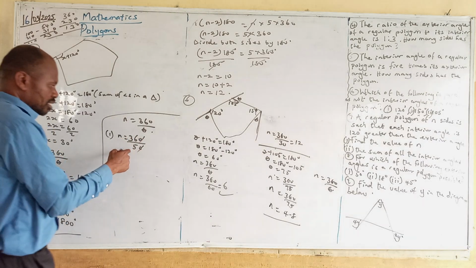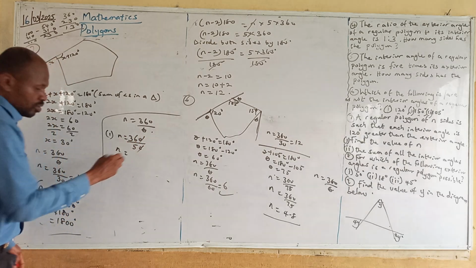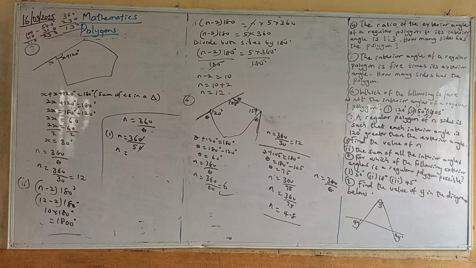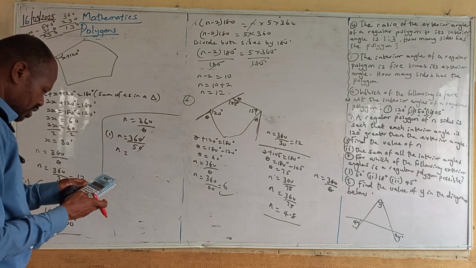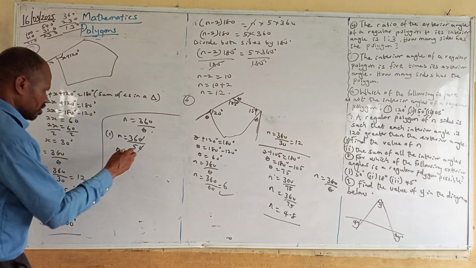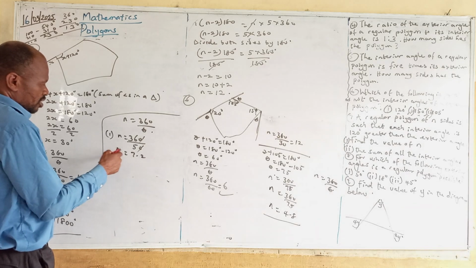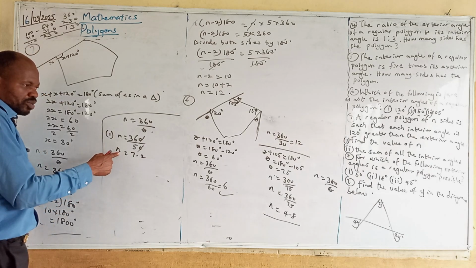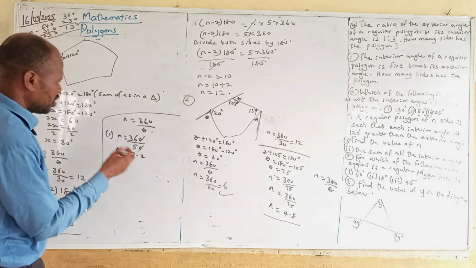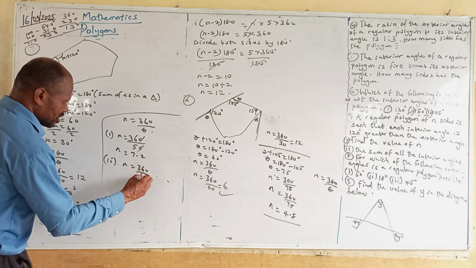That will give you a decimal, 7.2. So this is not possible, because I said earlier that the number of sides must be a whole number.